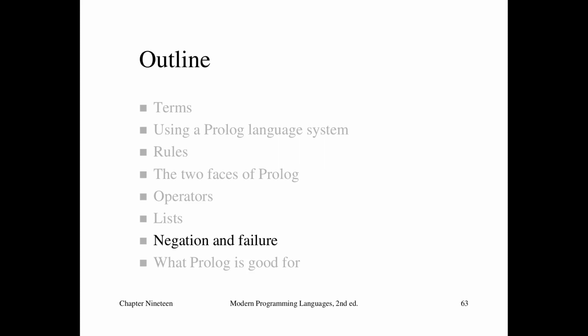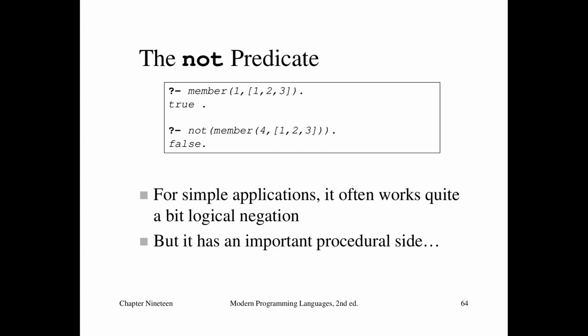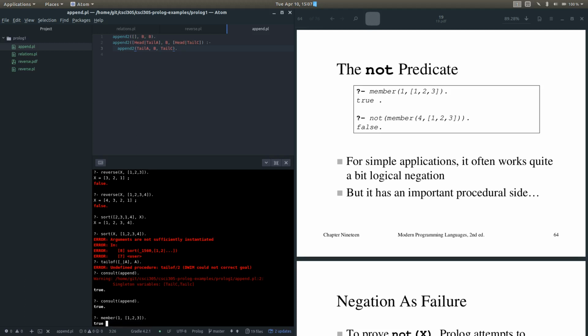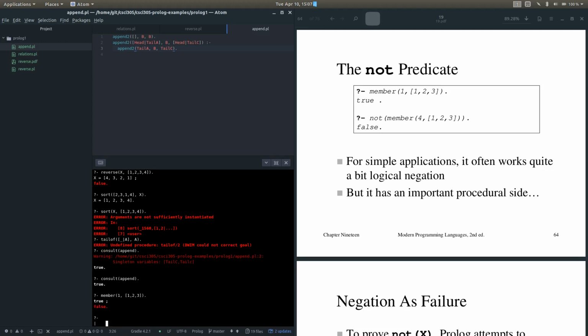All right, so the not predicate. When we're looking at the simplest applications, it often works quite a bit like bit-based logical negation. So let's say we have member(1, [1,2,3]). We're checking if 1 is a member of the list provided, and in fact it is.